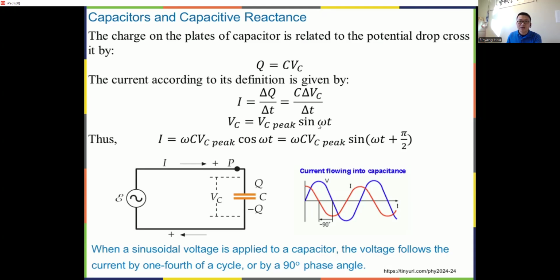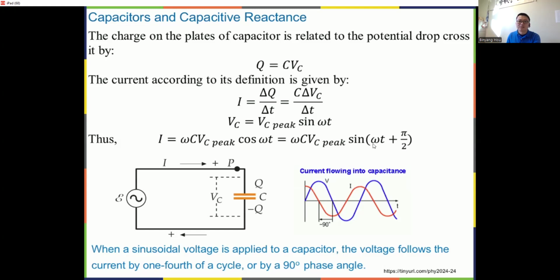In this case, for the current, if you do change of voltage over change of time t, V_C peak will stay, C comes from here, omega comes from taking the slope of the sine function, and it becomes a cosine function. The cosine function could also be written as sine of omega t plus pi over 2, because in this case your current peaks first, so we use this expression.